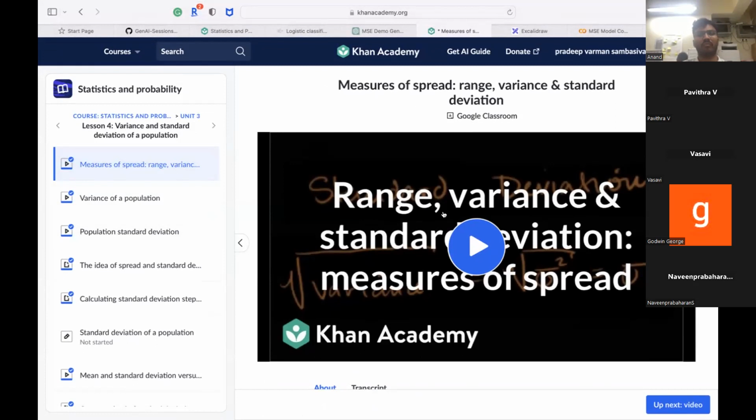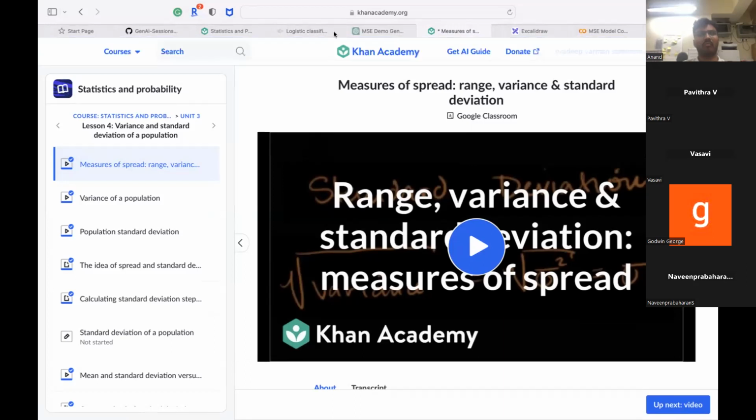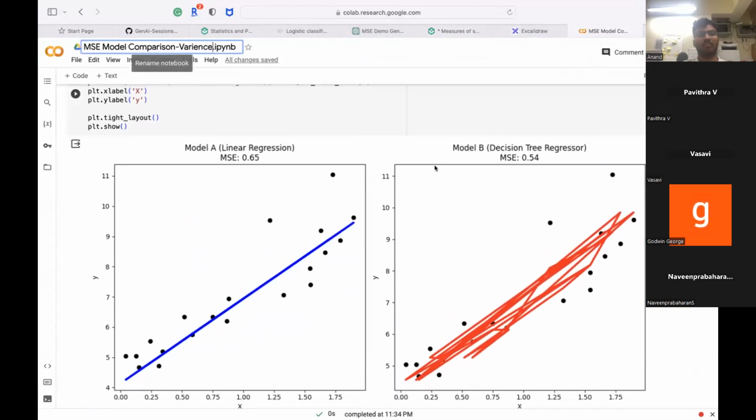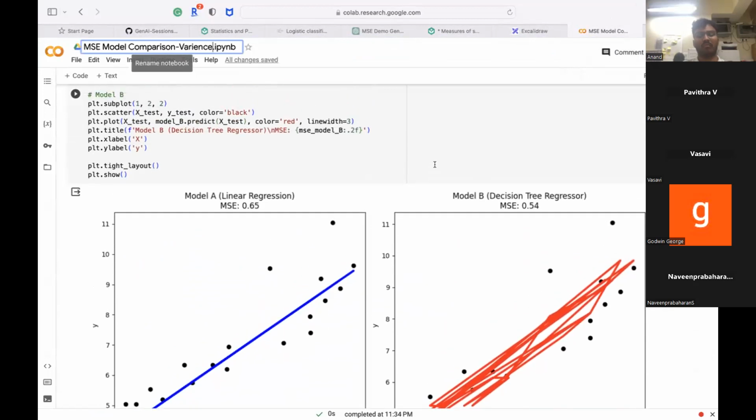It's a good refresher for understanding how all this can be related. I also tried something to understand how variance plays a factor based on the MSE model. Now I think I need to revisit my learning, because Naveen said it's R square, not MSE.